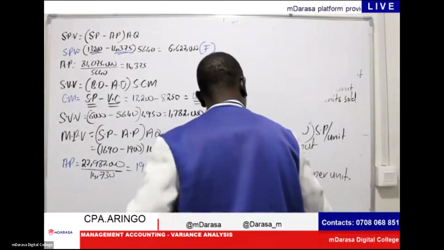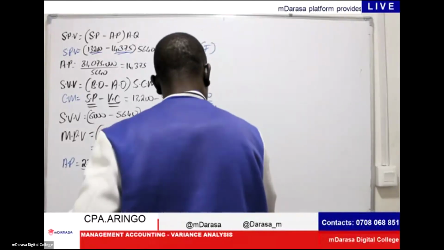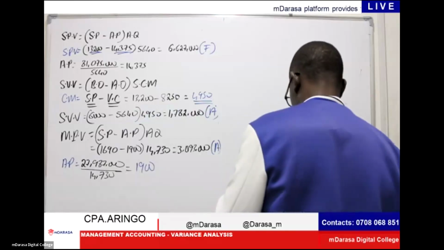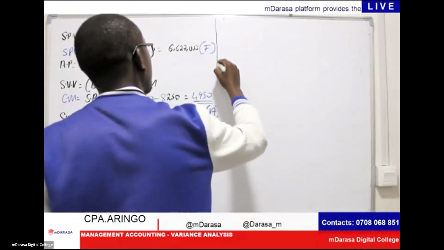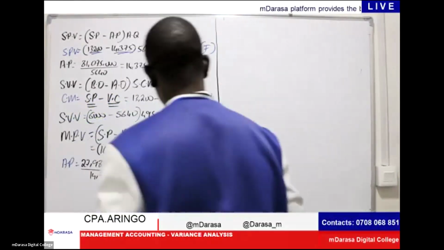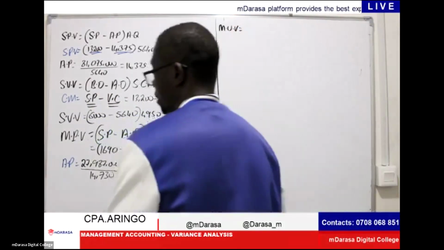What is the next element? The next item here is key. We consider material usage variance.